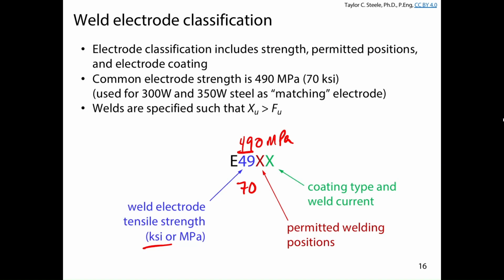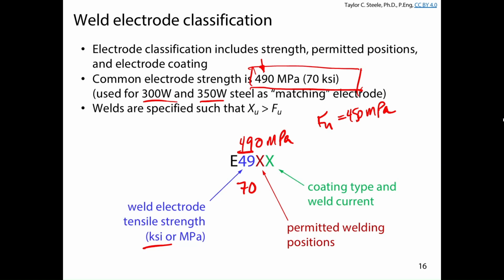There are what we call matching electrodes. The ultimate strength of the electrode that we're using is a bit higher, but not too much higher, than the strength of the steel. So for 300 and 350 MPa steel, the matching electrode would be E49 or E70, because the ultimate strength is higher, but not so much higher than the ultimate strength of the steel.